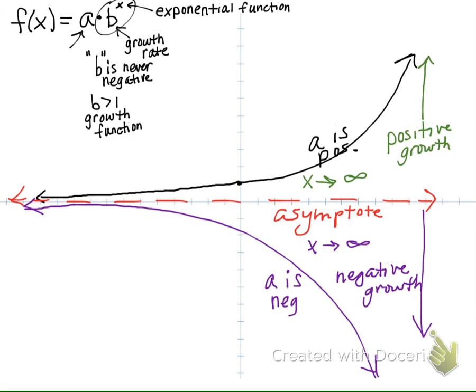So I want to make sure we get our head around the fact that we could have growth functions that are both positive and negative. Questions there about how we could have a growth function that seemingly looks like it's going down.